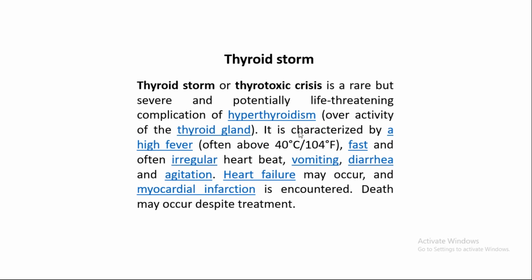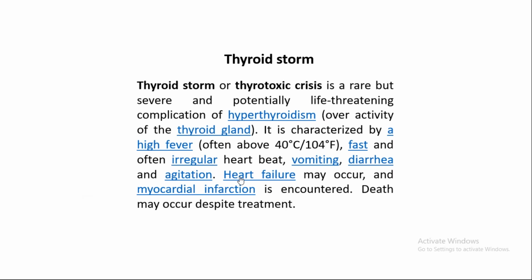So that will lead to fast and irregular heartbeat, vomiting, diarrhea, agitation, and heart failure. Because of the high temperature, this situation occurs very rarely in individuals, but these features may occur, and myocardial infarction is encountered.